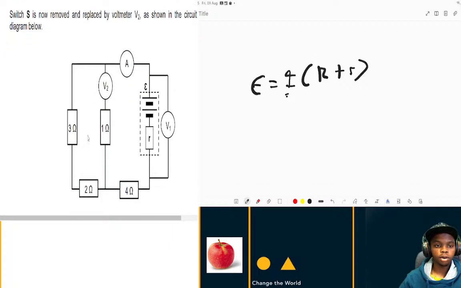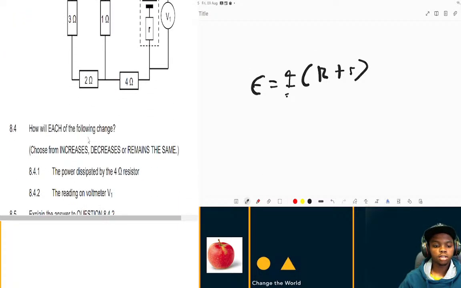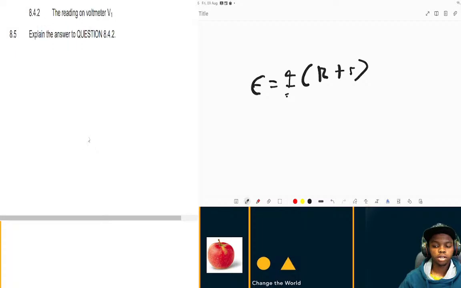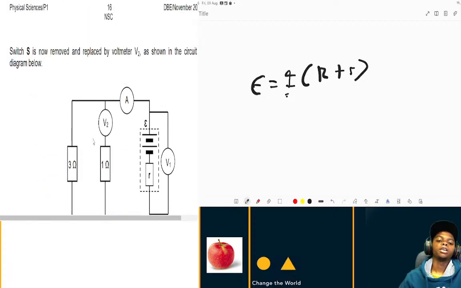Now we still are going. I think this should be the second last question. Okay, now they say switch S is now removed and replaced by voltmeter V2, as shown in the circuit.